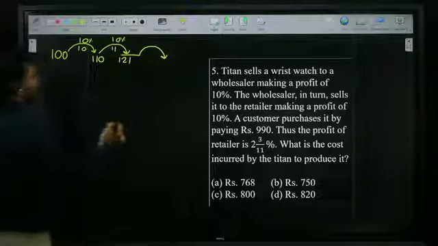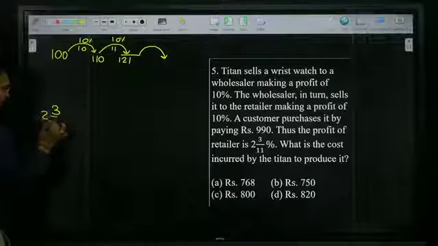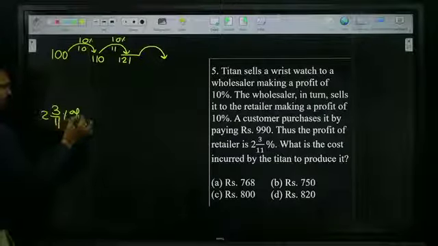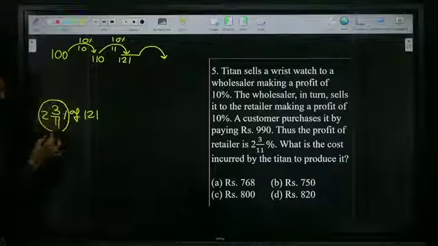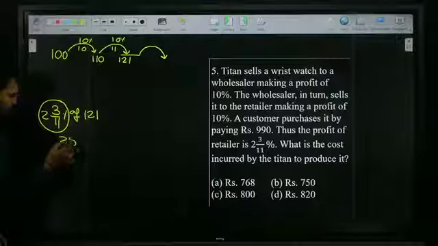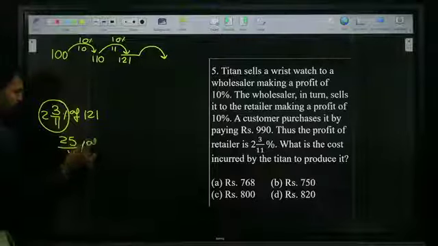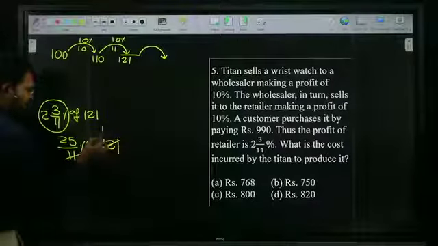Again how much profit? 2 3/11%. 2 3/11 is nothing but 2 3/11 percentage of 121. 2 3/11 is 11 twos are 22, 22 plus 3 is 25. So 25/11 percentage of 121. Look at me, all of you. 11 into 11 is 121.